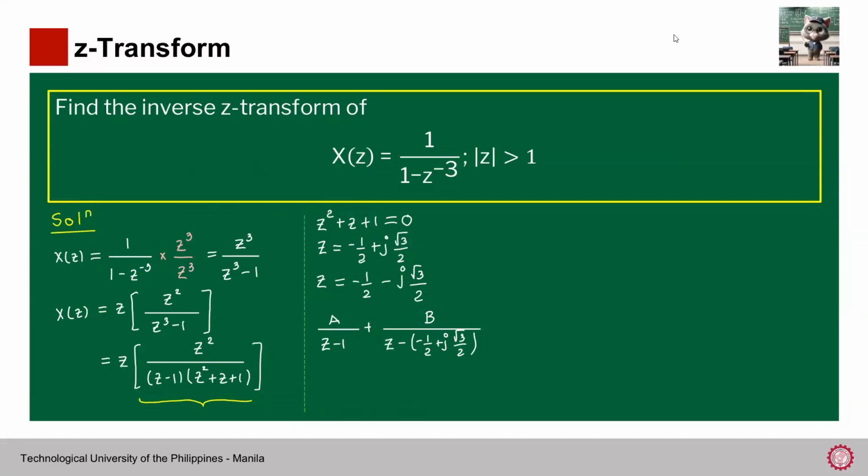And for the next term, we do the same thing. I mean, that is B; then C next. So we have Z minus negative 1 half plus j root of 3 over 2.